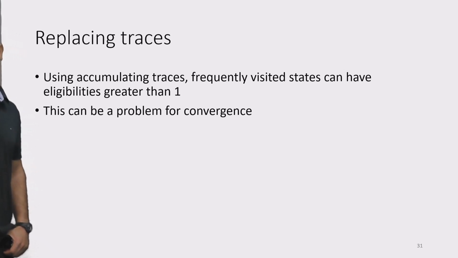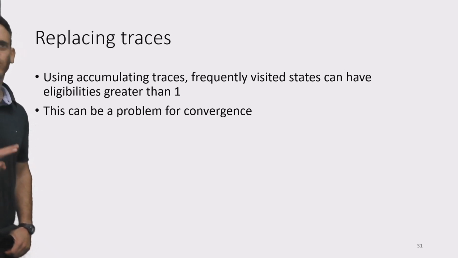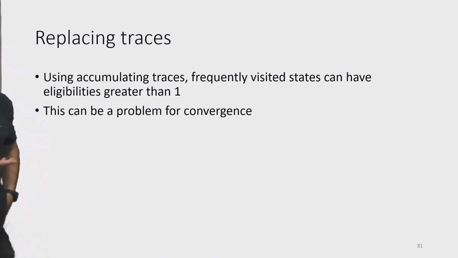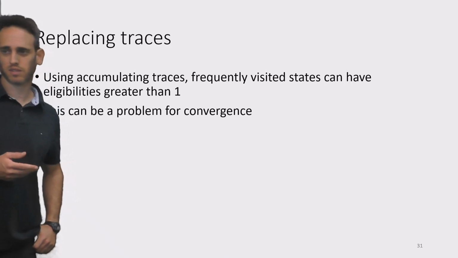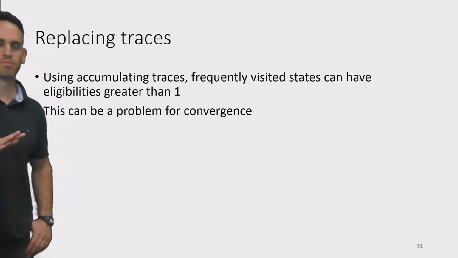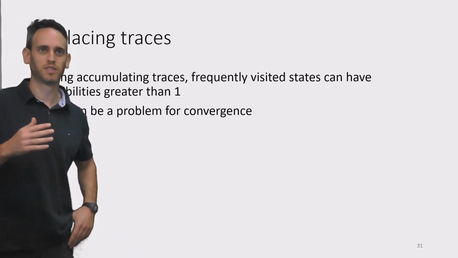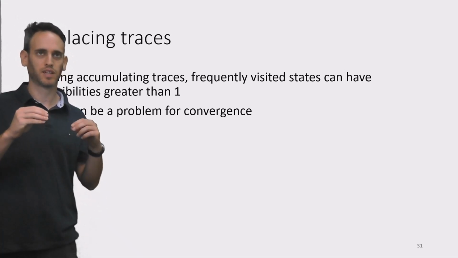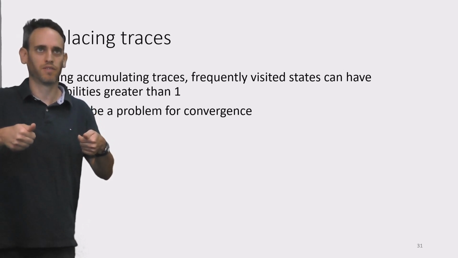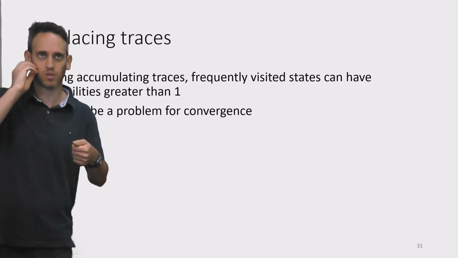Okay, going to the question regarding accumulating traces, and I'll discuss it now. So another option would be what's called replacing traces. So let's define that. In replacing traces, it means that each time we visit a state and action pair, we reset its value to the initial value, and we don't add the values. Okay, we don't add.